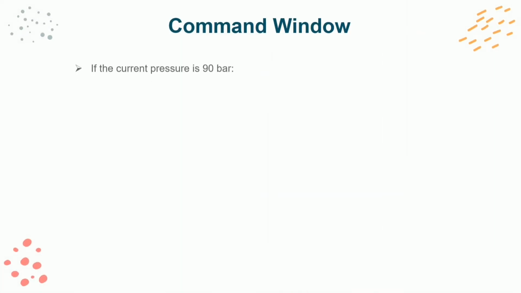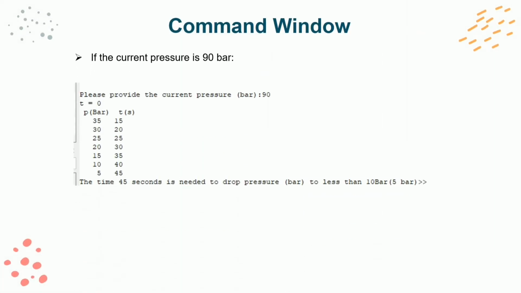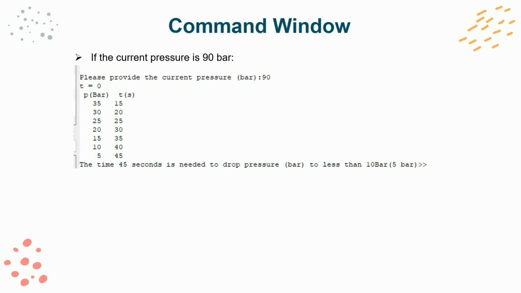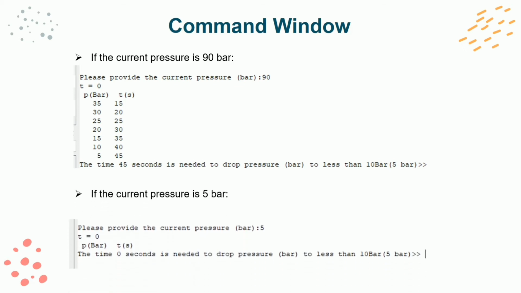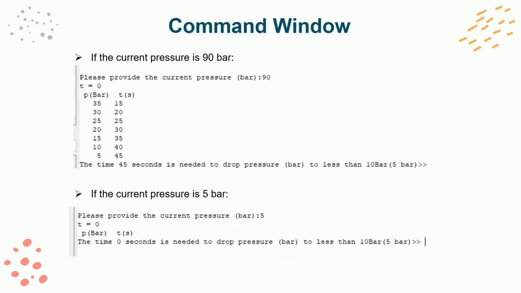And if the current pressure is 90 bar, the output is the time 45 seconds is needed to drop pressure bar to less than 10 bar, 5 bar. And last, if the current pressure is 5 bar, the time 0 second is needed to drop pressure bar to less than 10 bar.